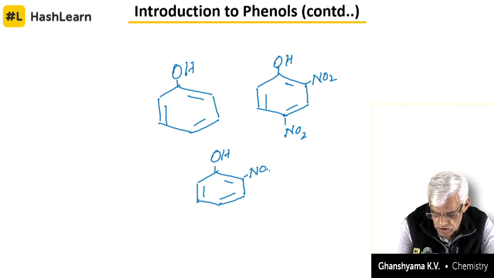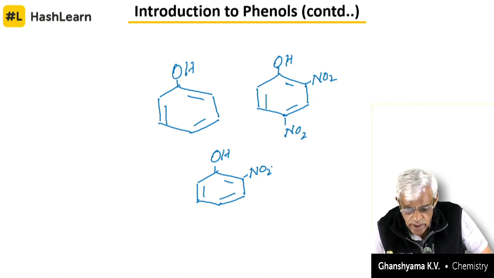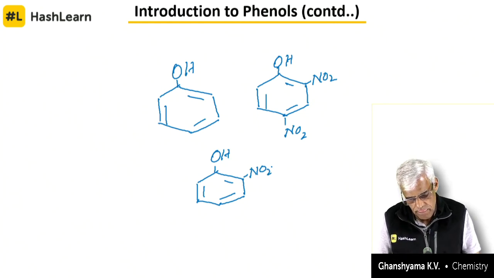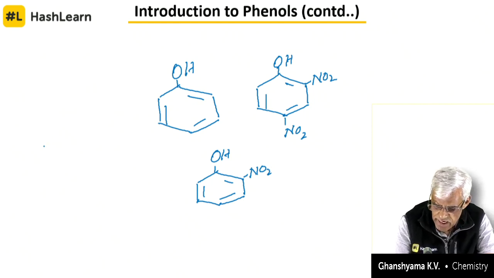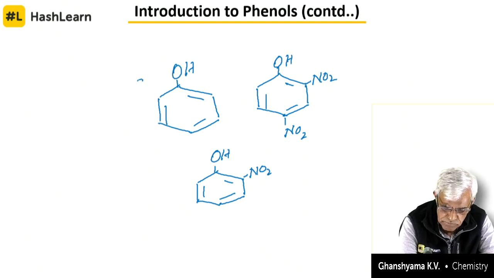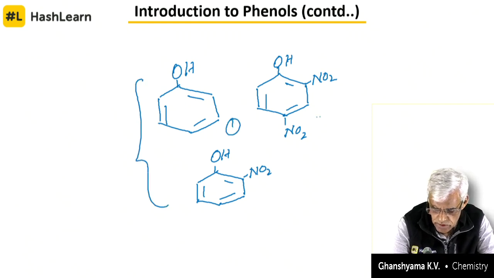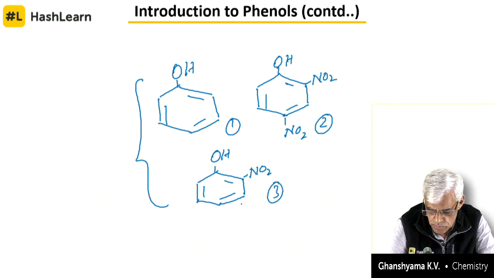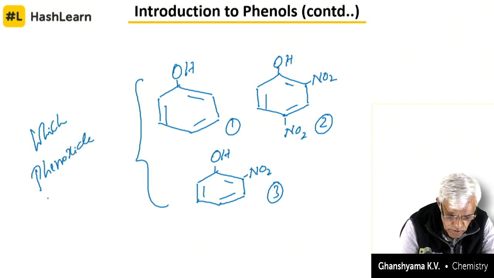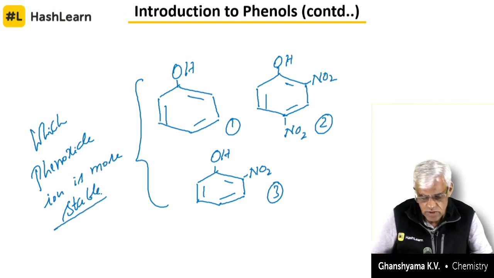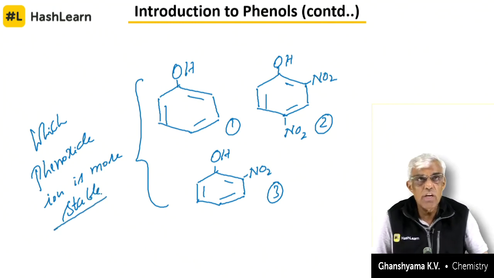This one is orthonitrophenol. Now, the question is, out of the three, they ionize to form phenoxide ion. Out of 1, 2 and 3, which phenoxide ion is more stable?